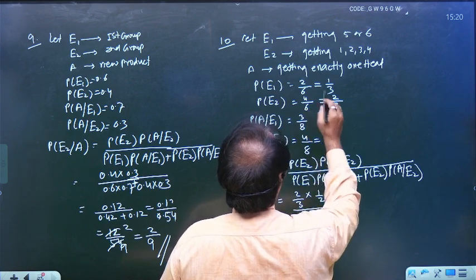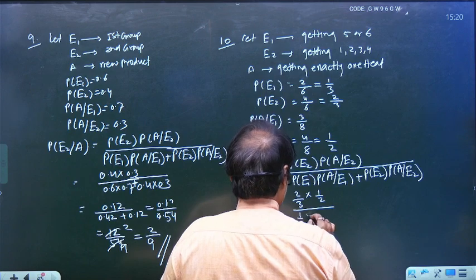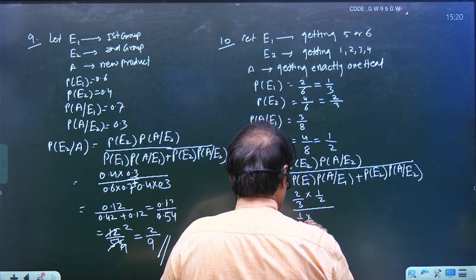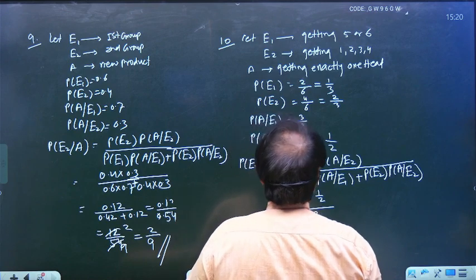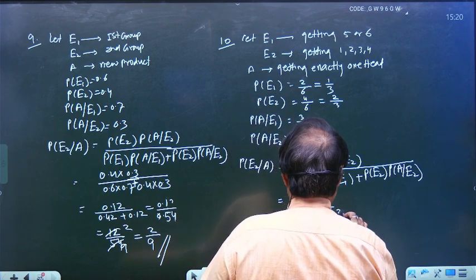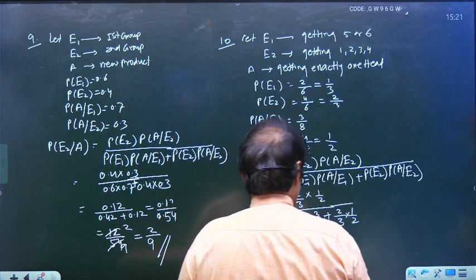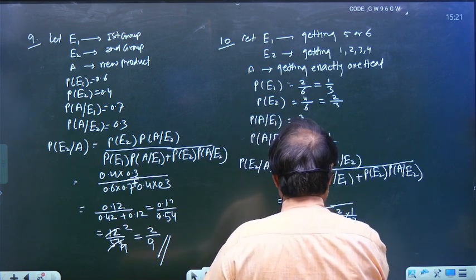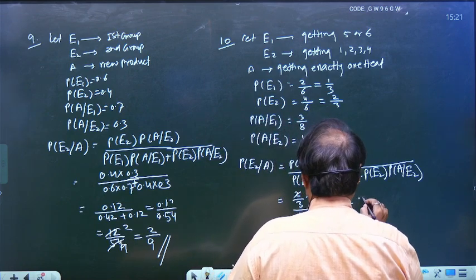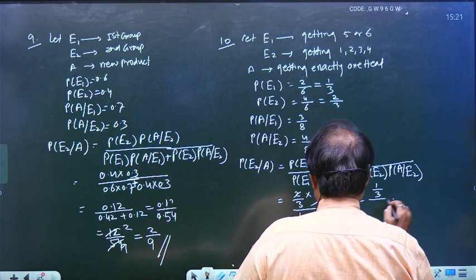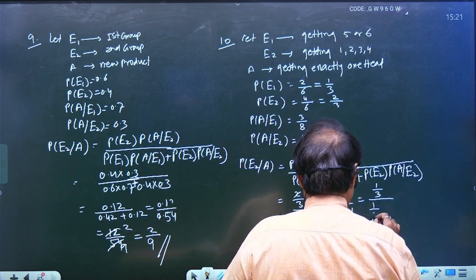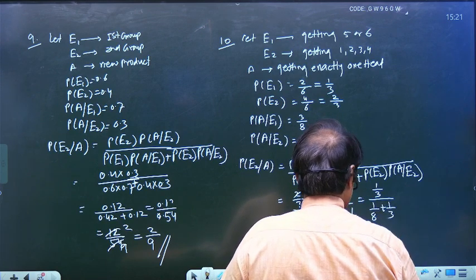E1 is 1 by 3 into 3 by 8, plus 2 by 3 into 1 by 2. Okay, so this 3 cancels, 2 cancels, 2 cancels. So 1 by 3 divided by 1 by 8 plus 1 by 3.